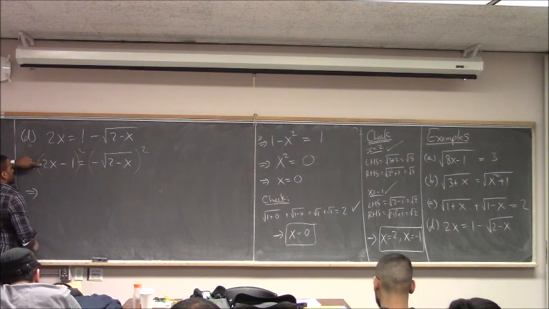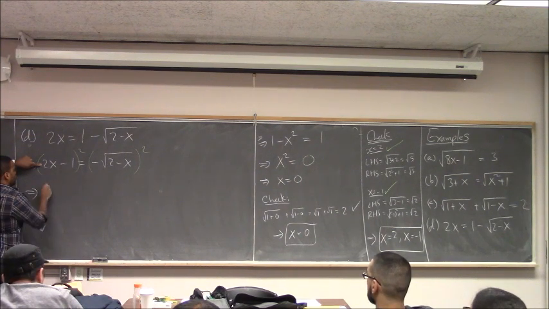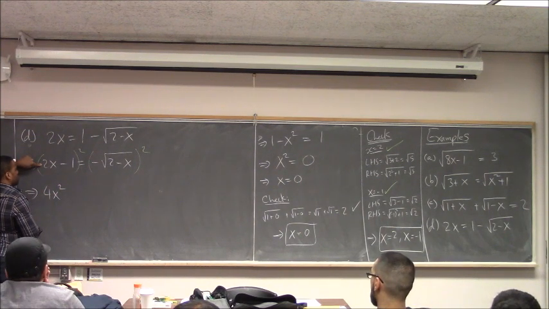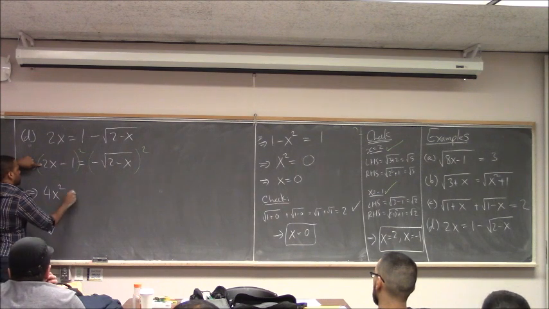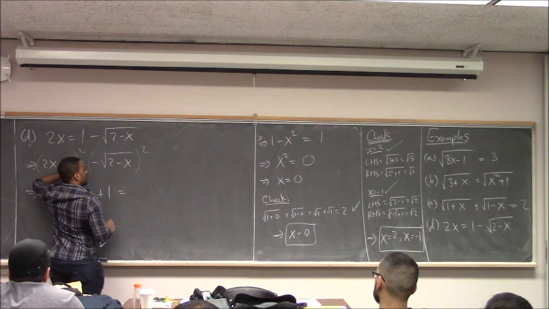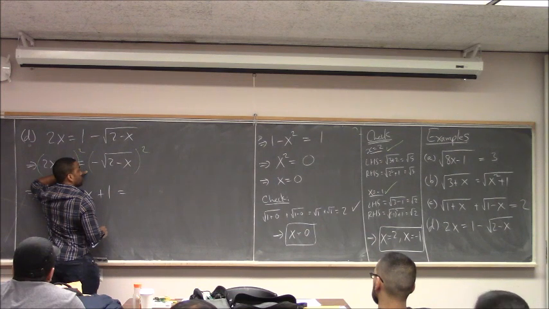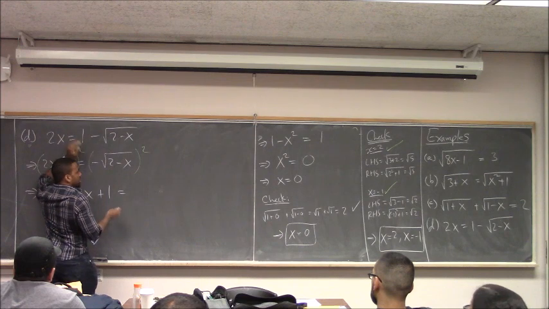What does this side squared look like? 4x squared minus 4x plus 1. Well, we're squaring, so it's going to kill the negative sign.